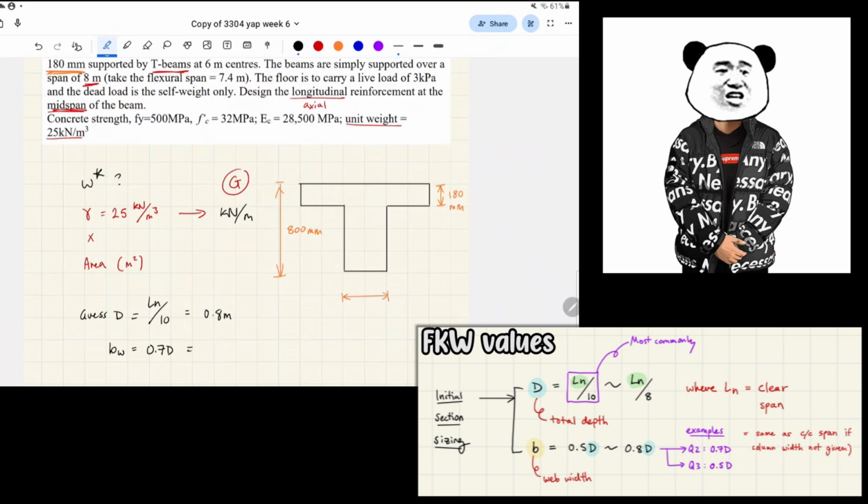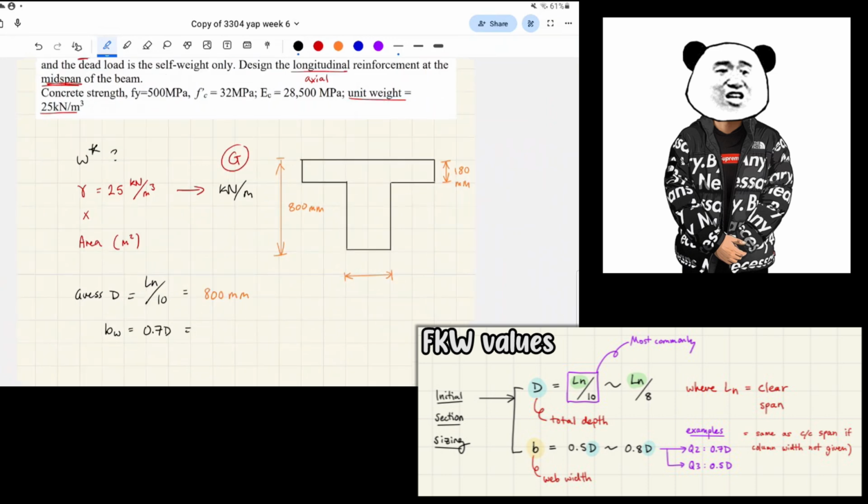It's purely based on feelings. I can't tell you. I can only give you examples of what they did. In question 2, which is this question, they do 0.7 D. But in question 3, they do 0.5 D. So you really pick your poison. I would just do 0.7 because it's safer. It designs a bigger section, and so you'll always go over the capacity check rather than under.